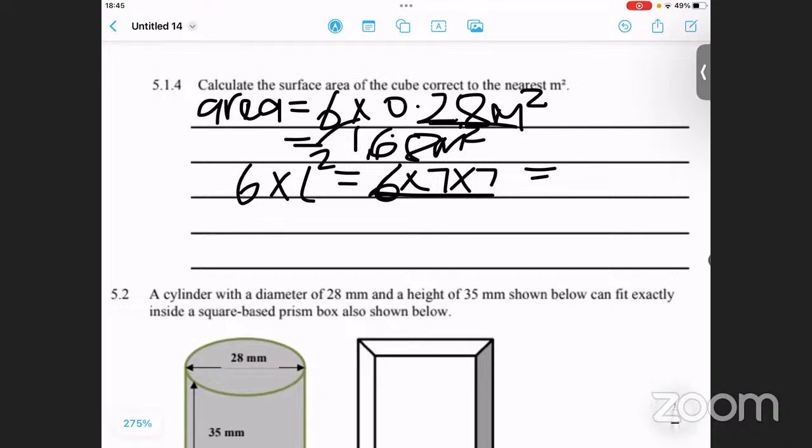Ma'am, is it 294? Is it 294, guys? Yes, ma'am. And what do we get when we divide it by 100?